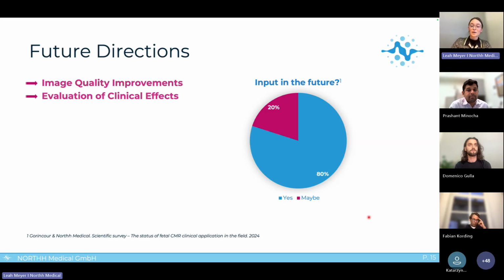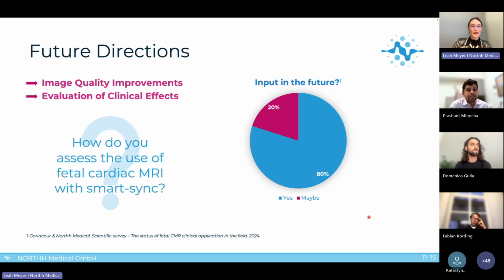So now, lastly, my question is again to you: how do you assess the use of fetal cardiac MRI with SmartSync? I started another poll.